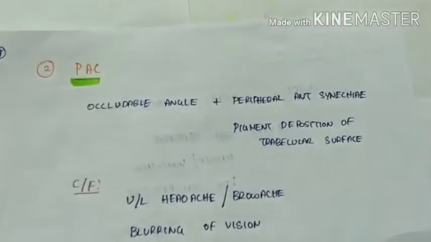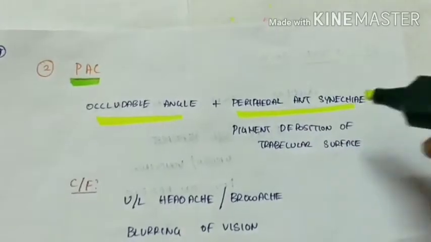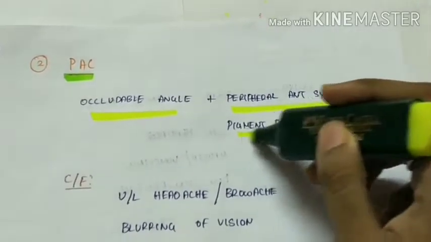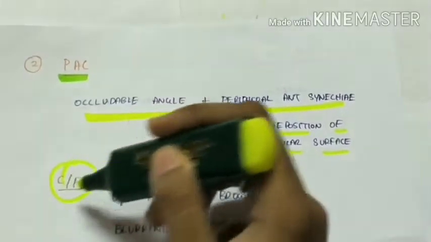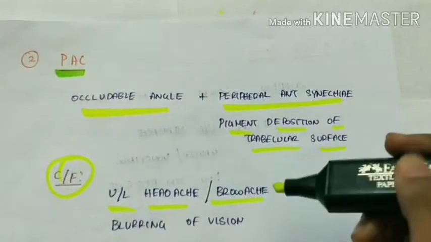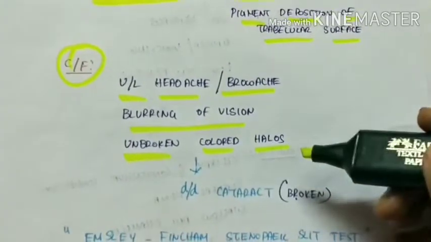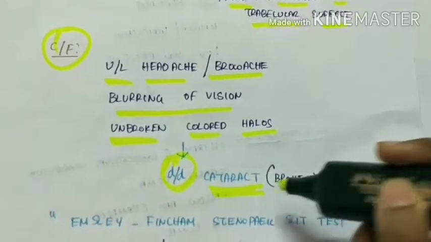Second is primary angle closure. Here there is an occludable angle along with peripheral anterior synechiae formation and pigment deposition on the trabecular surface. Clinical features of this stage are unilateral headache or brow ache, blurring of vision, and unbroken colored halos, for which the differential diagnosis is cataract.